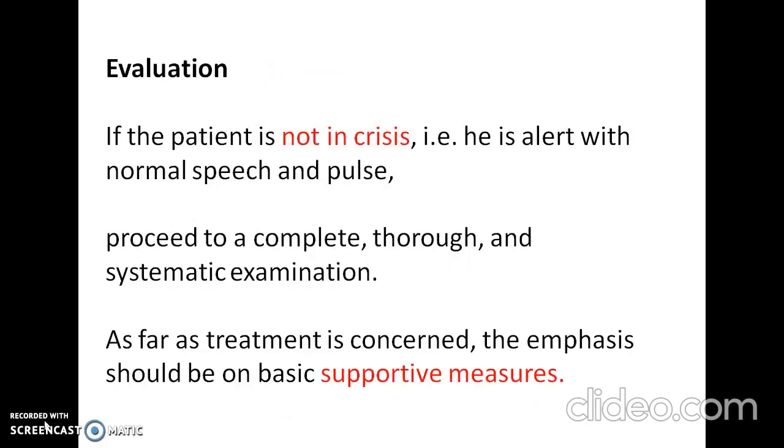Then coming to the evaluation, we are talking about CNS depression. We already came across a coma rating scale, the Glasgow coma scale, and with the help of that scale the evaluation can be done. If the patient is not in any crisis, if he is alert and has normal speech and pulse, a complete, thorough and systematic examination can be performed.